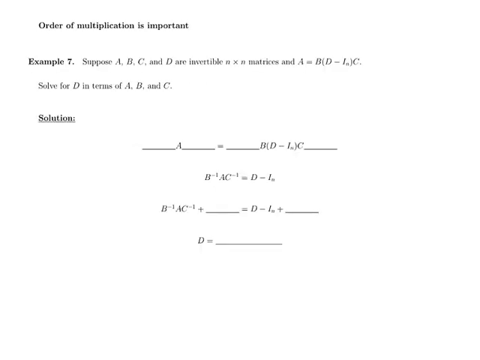It's important that the order of multiplication is important. We showed that AB is not the same thing as BA in general, and because of that, we have to be very careful with the multiplication in ways that we do not have to care about at all with real numbers. So let's look at this example. We have A, B, C, and D are invertible n by n matrices.